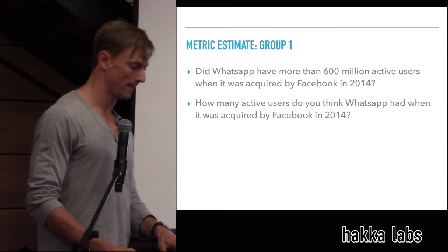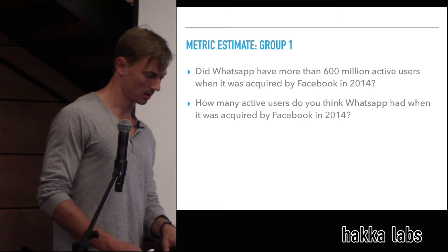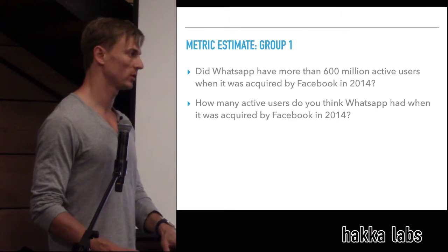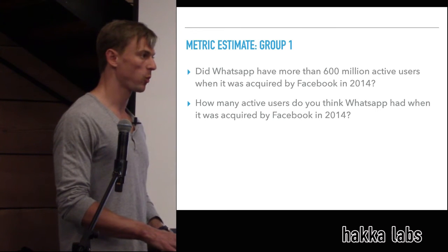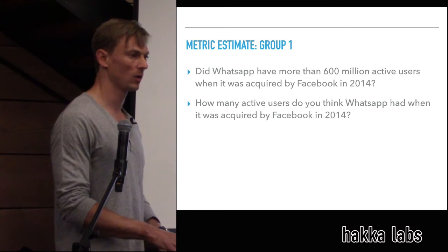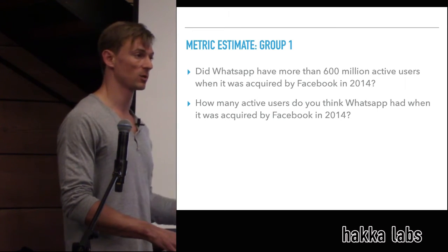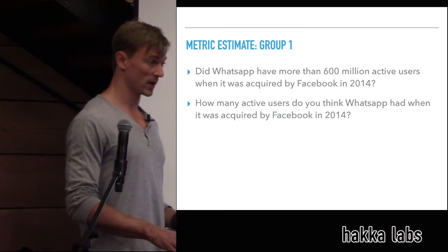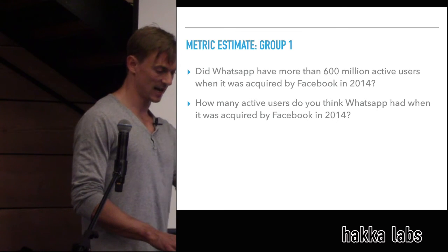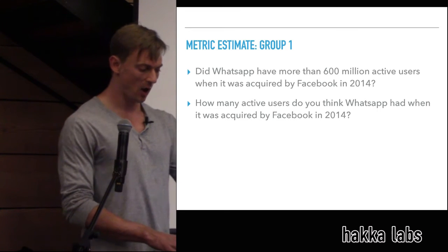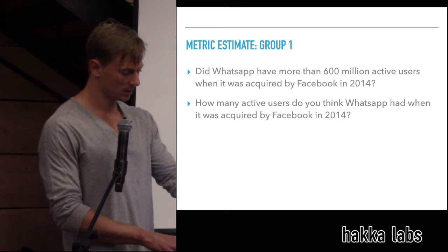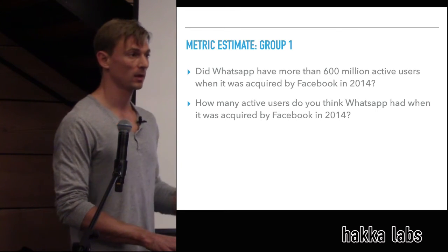So let's see, we'll do this in blocks of 250 million. So group 1, raise your hand if, okay, we'll do both groups together to speed this process up. So raise your hand if you guessed the answer to the second question. How many active users did WhatsApp have when it was acquired?